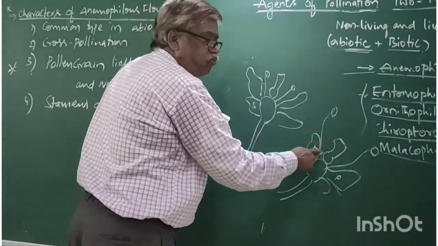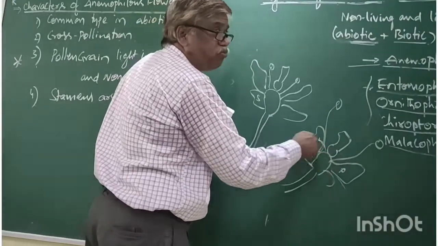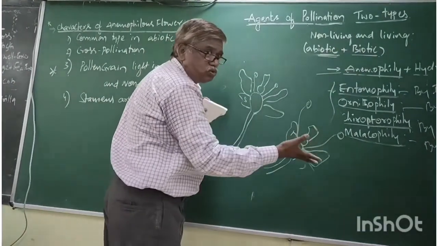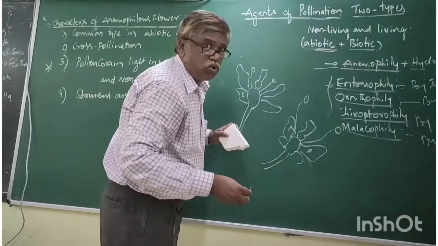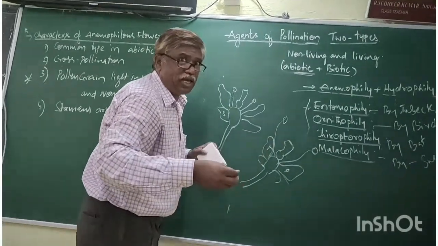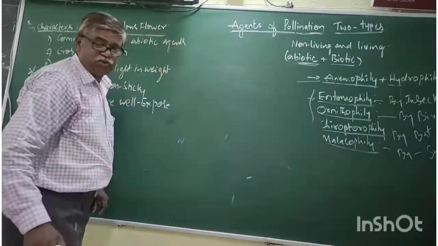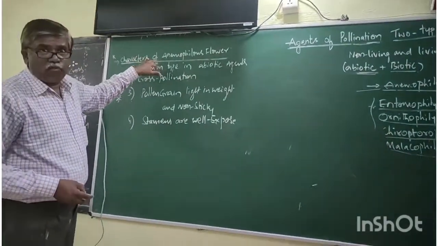The length of stamen is more than the remaining floral parts. If it is well exposed, right, it is easy to transport by air. Now, this is one of the characters of stamen, which belongs to Amorphous.